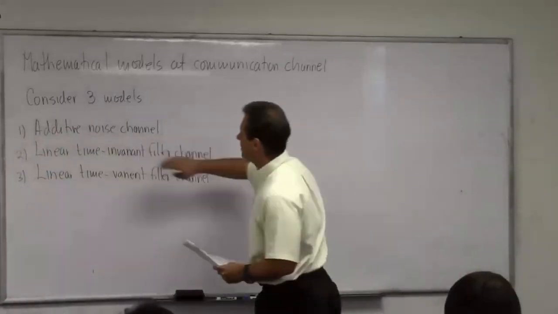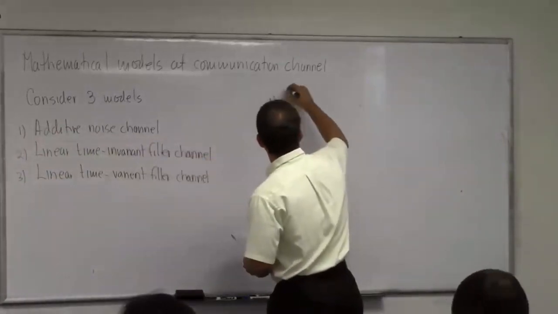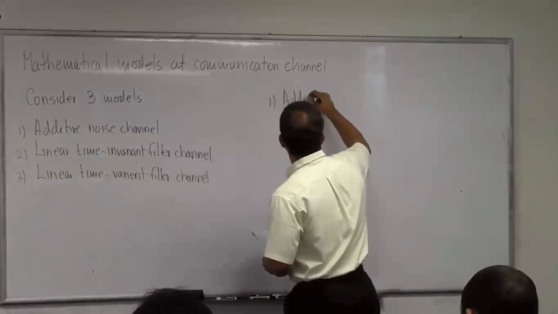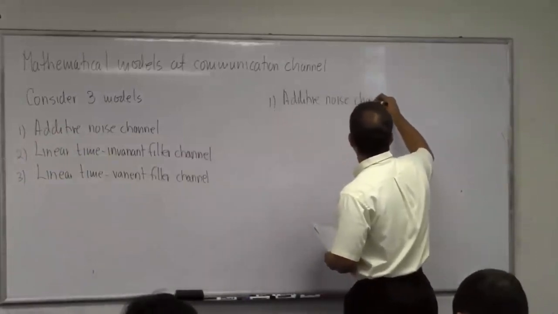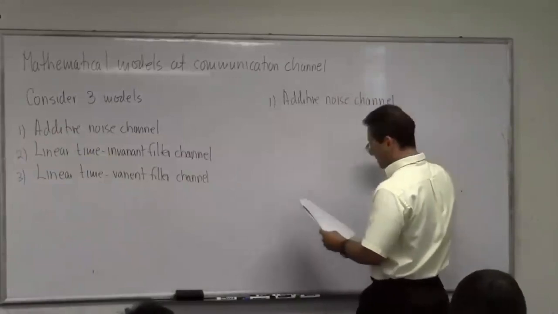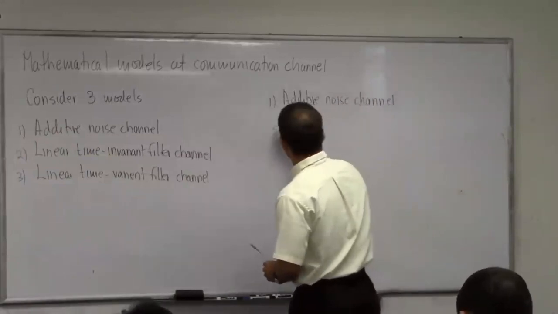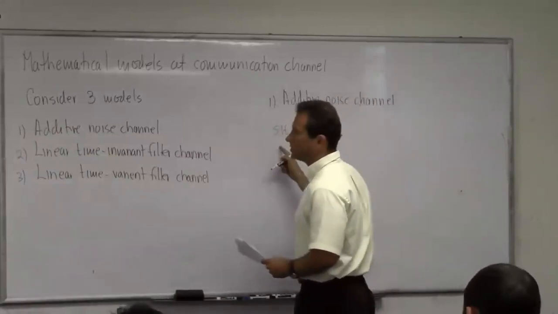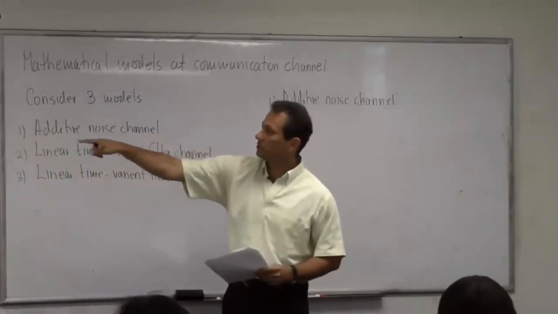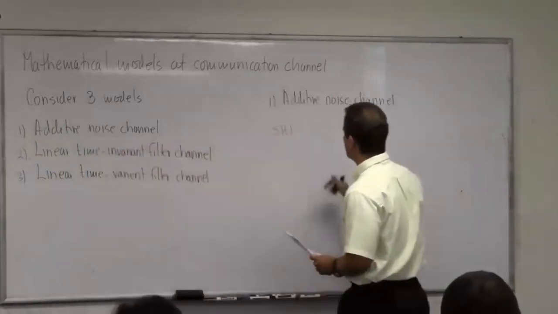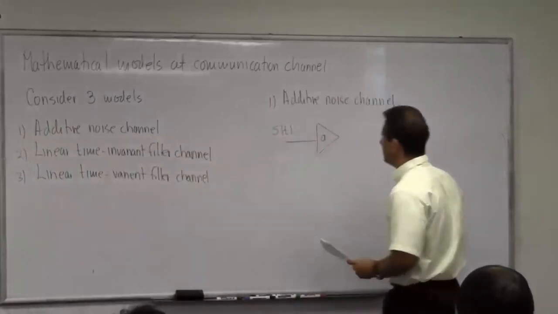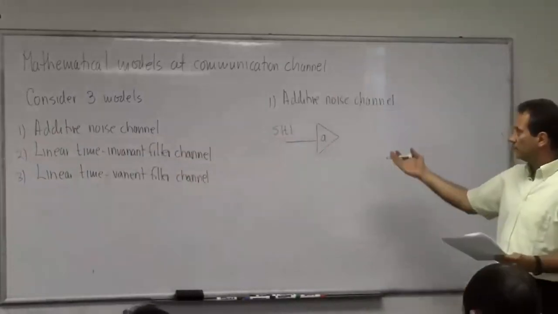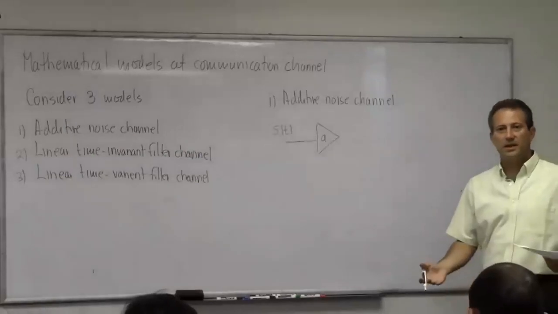Let's look first at the block diagram of the additive noise channel. This is how this channel looks. You have your signal, the same signal that comes out of the transmitter and into the channel. This signal is modified with some gain, which, for theoretical purposes, I say gain.